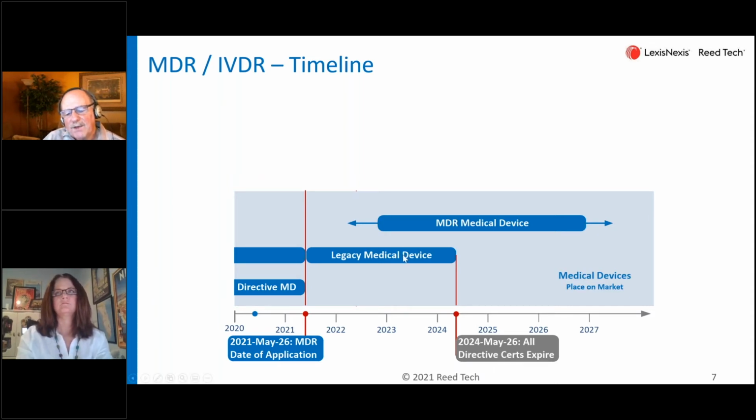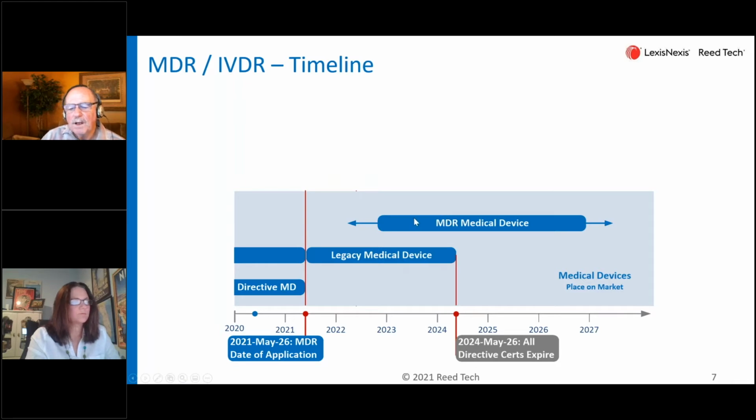But the major bucket that we are going to discuss today is these legacy devices. They have a directive certificate and they continue to be placed on the market. There's opportunity to go out to May 2024 with those. There are some criteria that they have to meet. We'll discuss that.